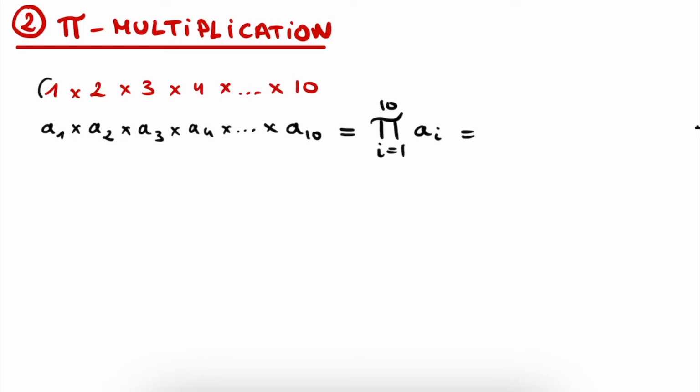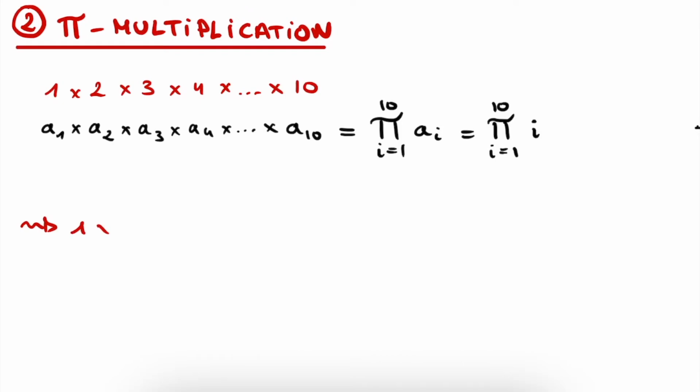On the place with index 1 we have 1, on the place with index 2 we have 2, and so on. So this will simply be capital Pi, we start at 1 and we end at 10, and we simply have i, the index of the number at position i. And in this sense, this pi multiplication is completely analogous to the sigma summation.